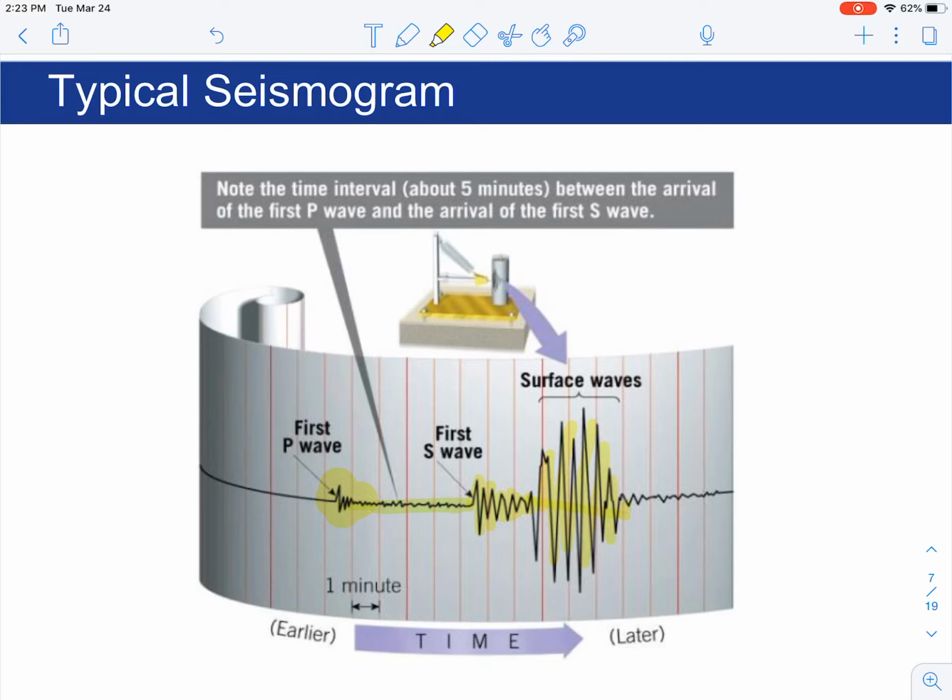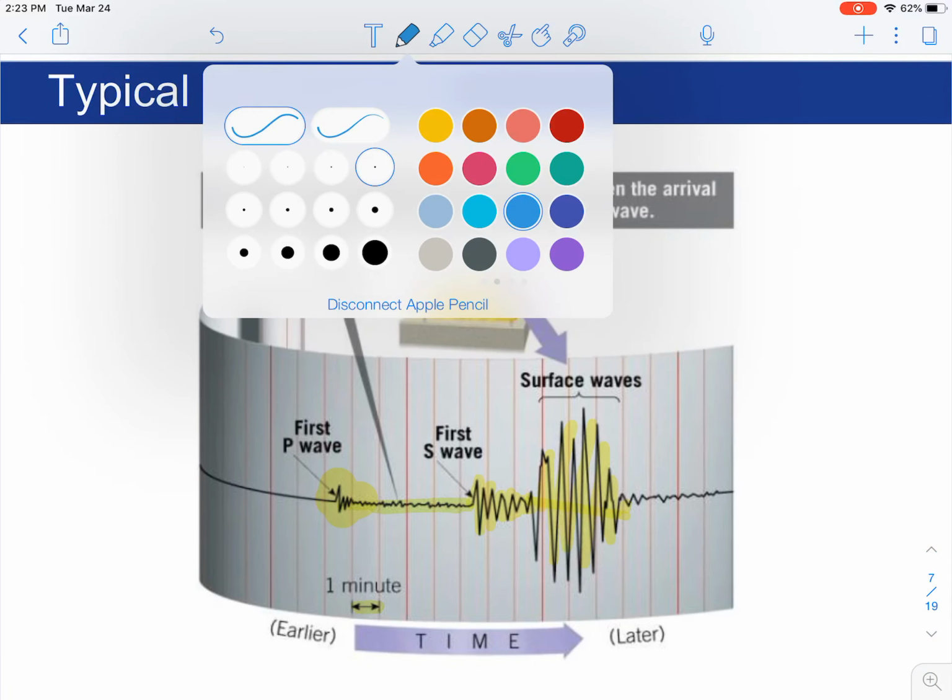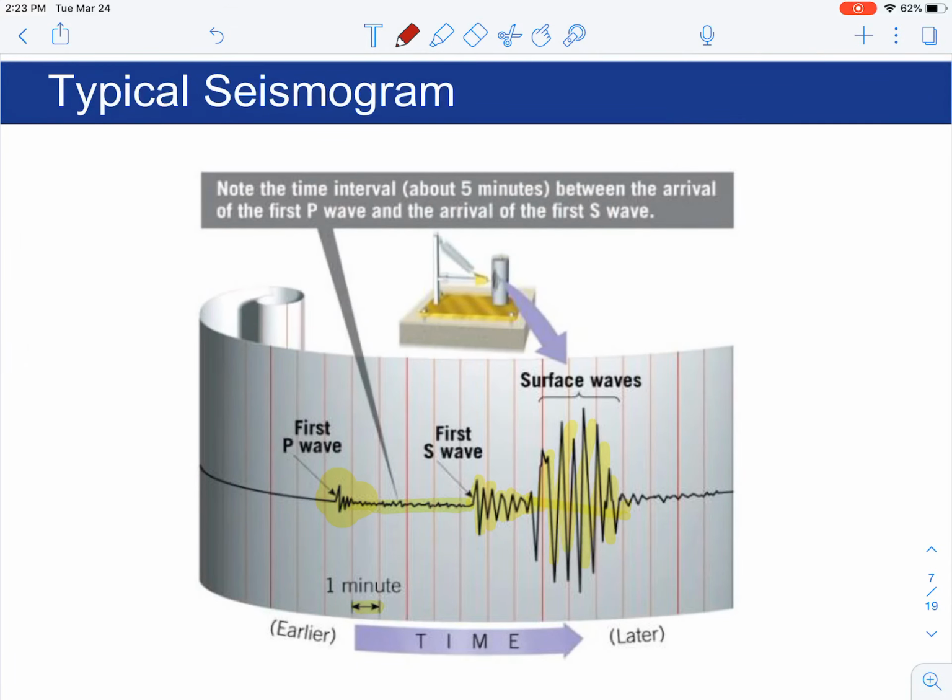What's important here is that there is something we call lag time that exists between the arrival of the first P wave and the first S wave. We can measure this lag time and determine exactly how far away the earthquake epicenter was because we know how fast these waves travel.